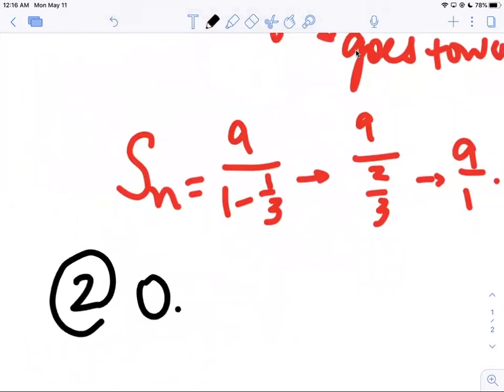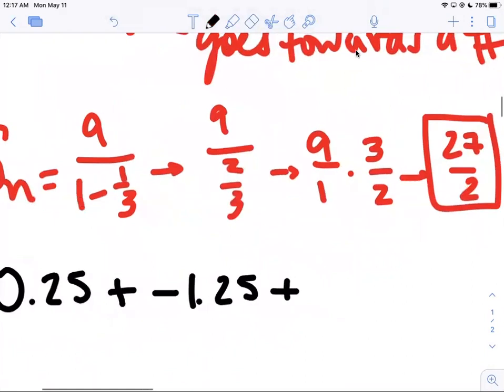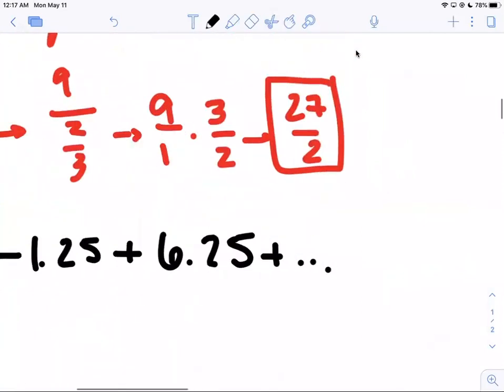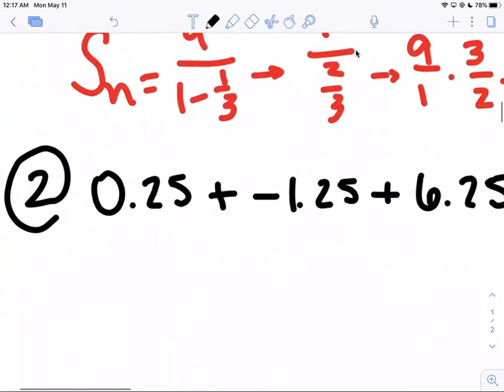The next series will be 0.25 plus -1.25 plus positive 6.25 plus blah, blah, blah. So first thing we've got to figure out is, again, it's geometric. So what's my r? It's not what we're adding or subtracting, it's what we're multiplying or dividing to get to the next term.